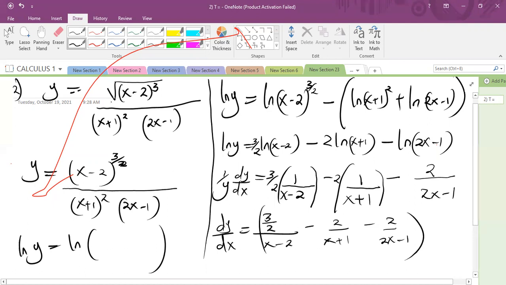But what is the value of our y? Here is our y. Our y was root of (x minus 2) cubed, all this divided by (x plus 1) squared (2x minus 1).